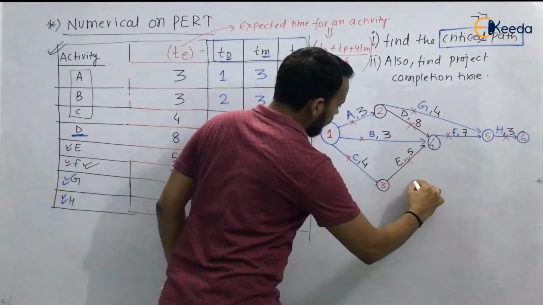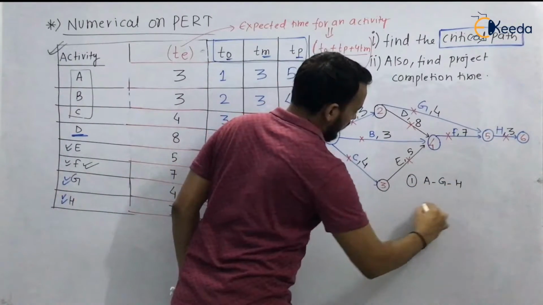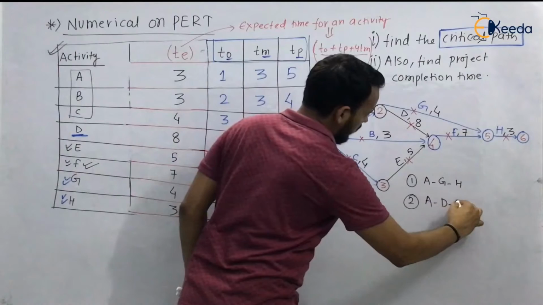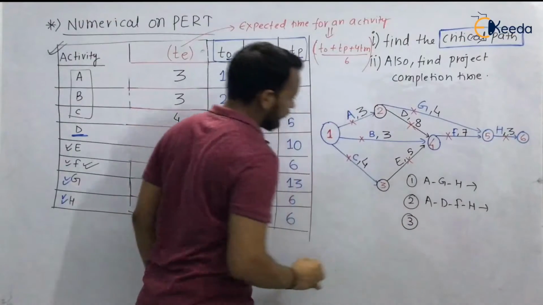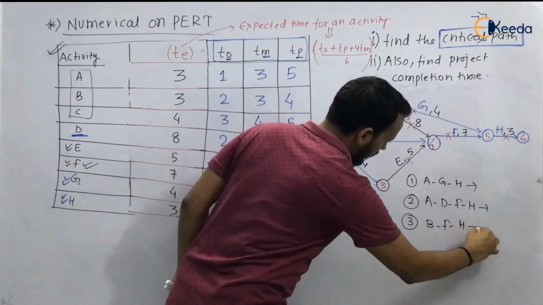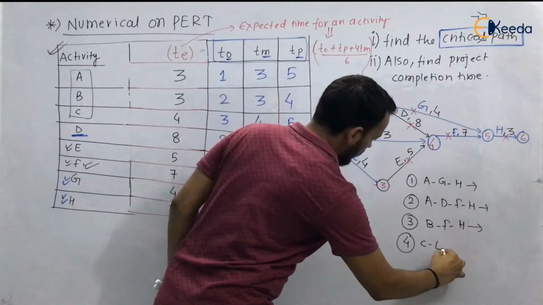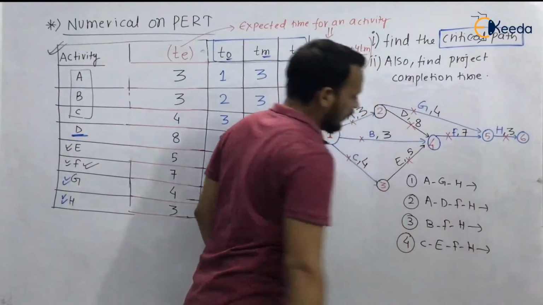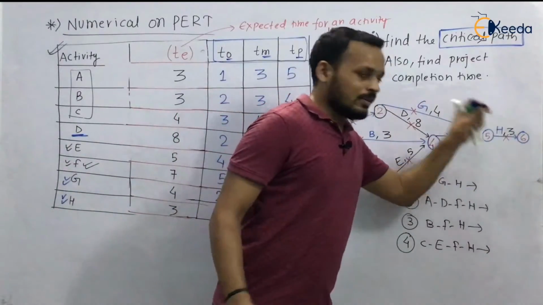The first path will be A, G and H. The second path is A, D, F and H. The third path is B, F and H. The fourth path is C, E, F and H. So these are the different paths obtained in this network diagram, starting from node 1 and reaching node 6.